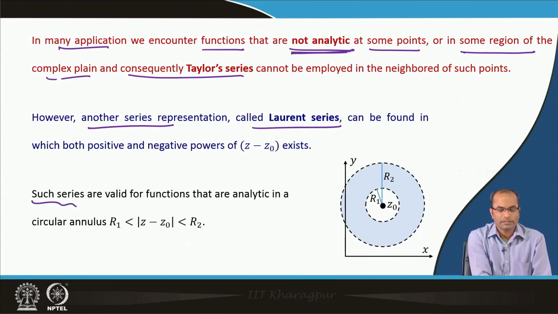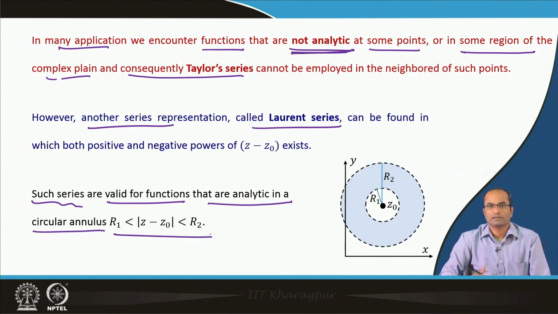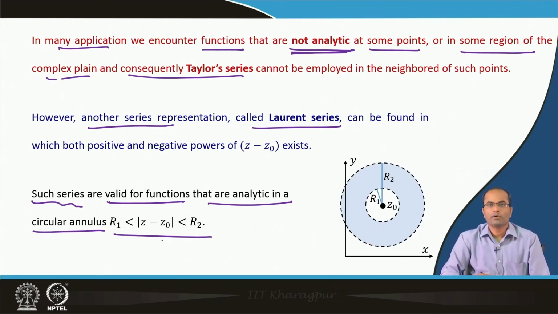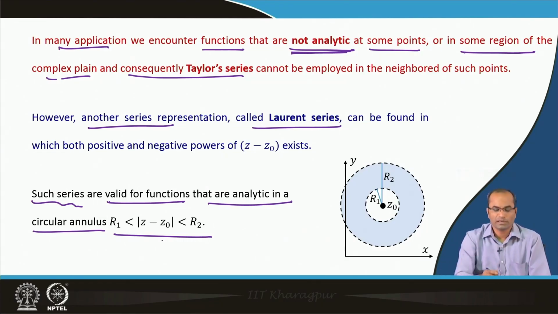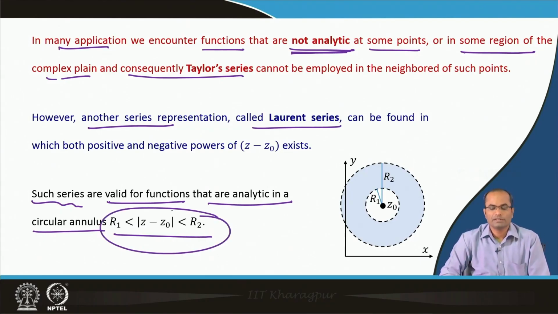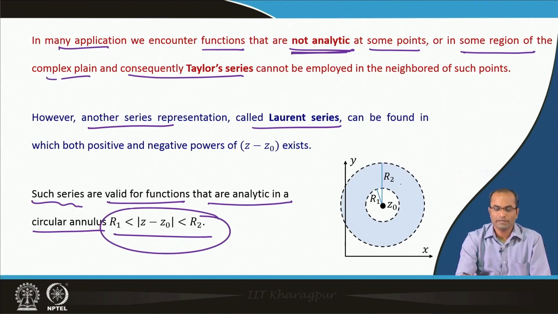So, these Laurent series are valid for functions that are analytic in a circular annulus. As discussed earlier, the Taylor series can be employed when the function is analytic over the whole disk, but now we are talking about this more generalized power series, called the Laurent series, which can be written for functions that are analytic on this annulus, which contains these two circles.